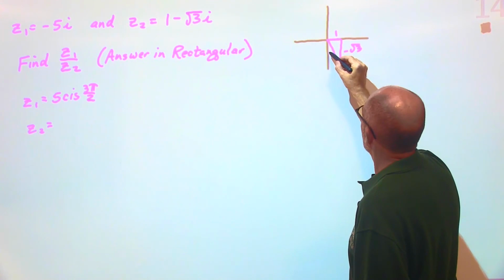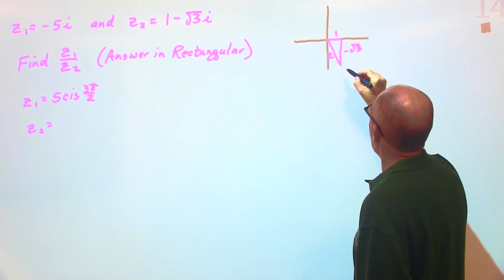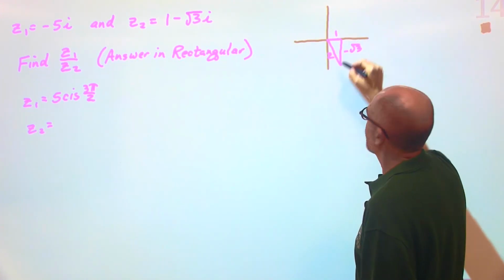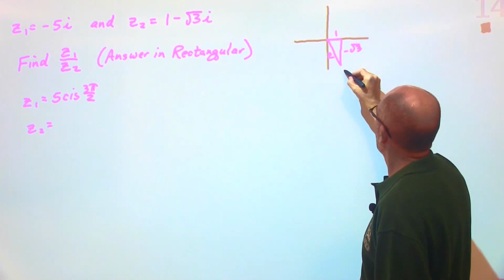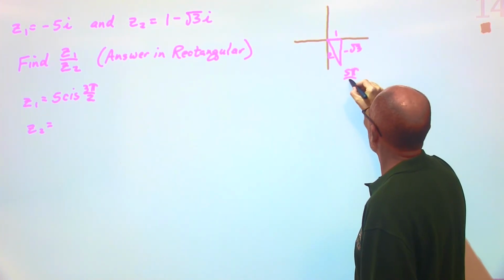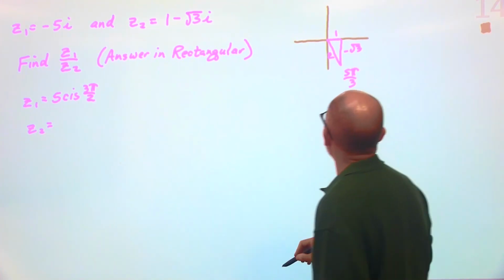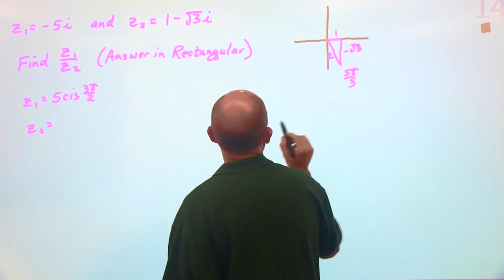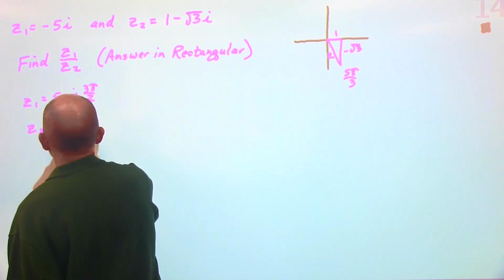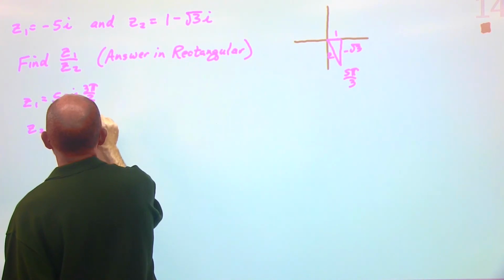So I know my radius is 2, my angle is pi over 3 short of 2 pi, which is 5 pi over 3. So z sub 2 is going to be 2 cis 5 pi over 3.